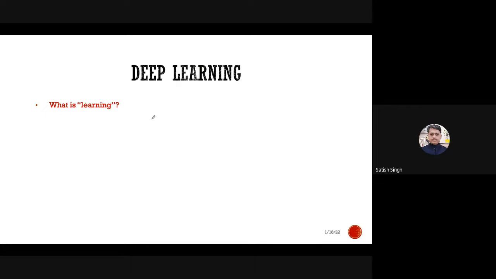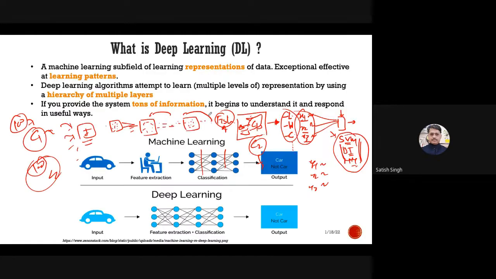So what is learning? We have already discussed that some sort of memory is required. And one more thing, I have already told you that not every model will be treated as a deep learning model. Feature hierarchy is essential. As we have seen here, this is the low level feature, this is the mid level feature, this is the high level feature.